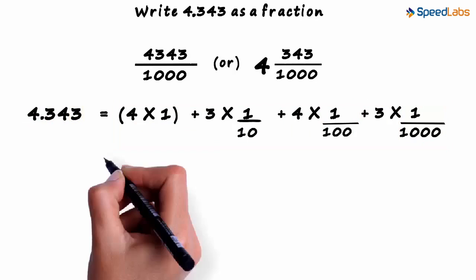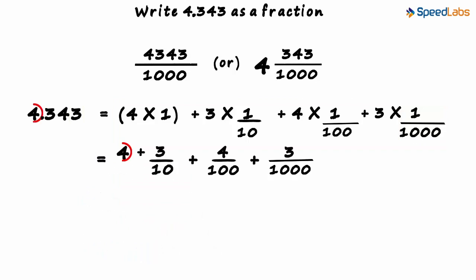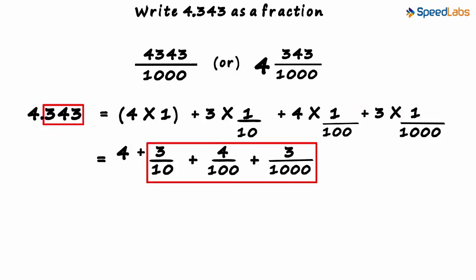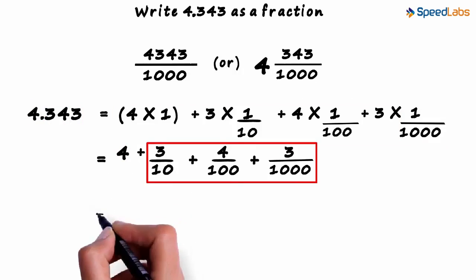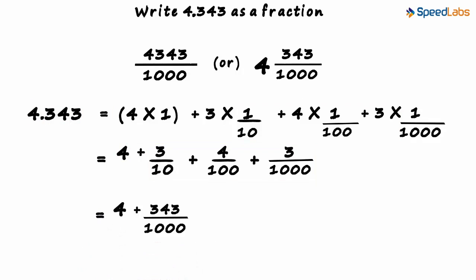Solving this further, this is what we get. 4 is the integral part, and the decimal part was written like this. And solving this further, we get 4 plus 343 by 1000. And this is the mixed fraction for 343 by 1000. If you add these two, you will get 4343 by 1000.